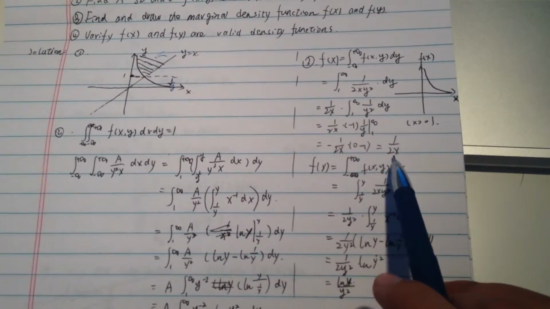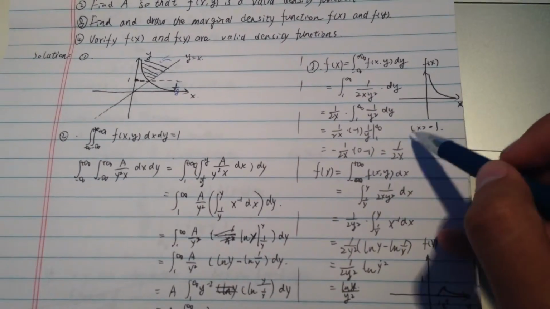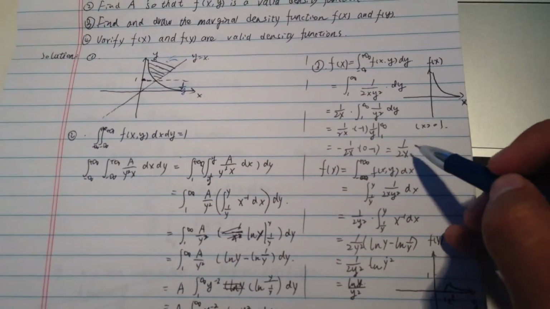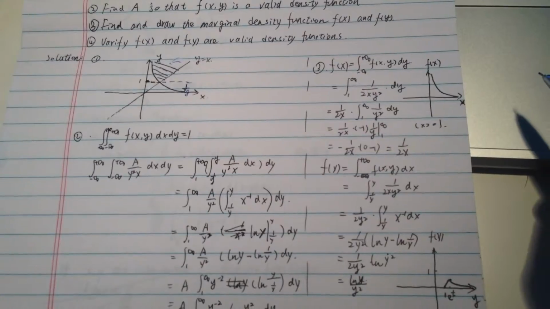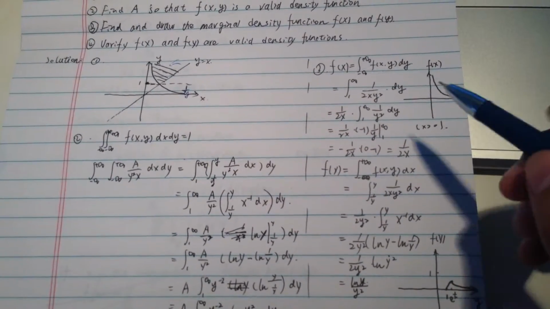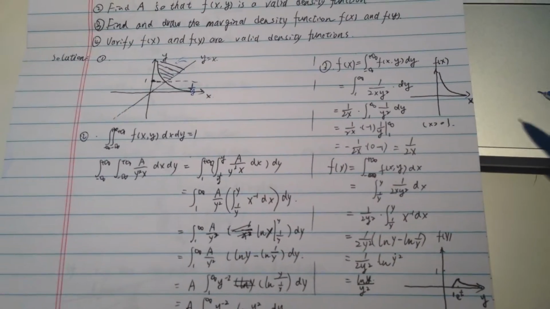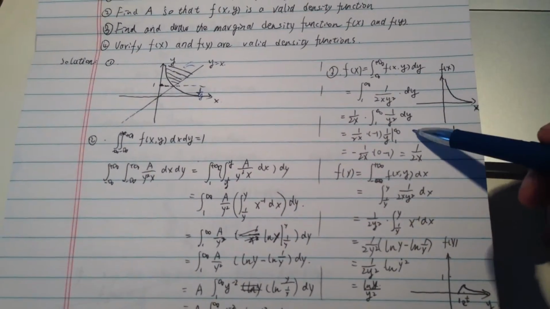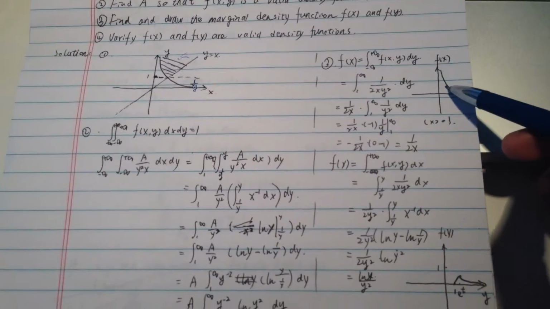We draw this function like this because 1 over x is the reverse function of y equals to x, so it's drawn like this.